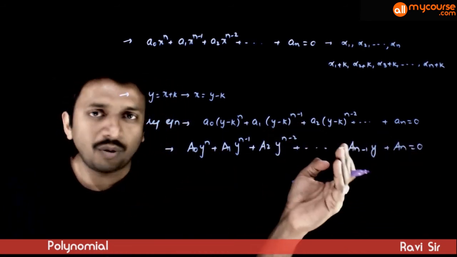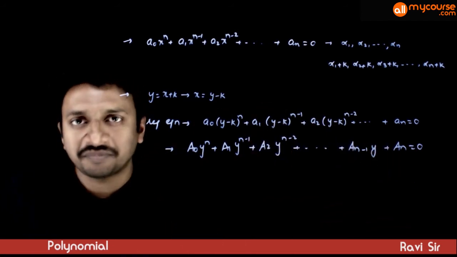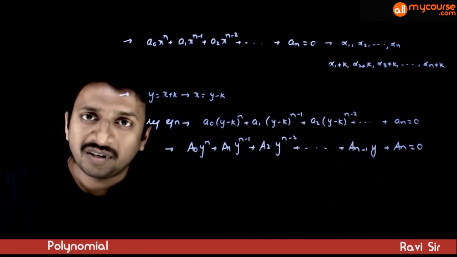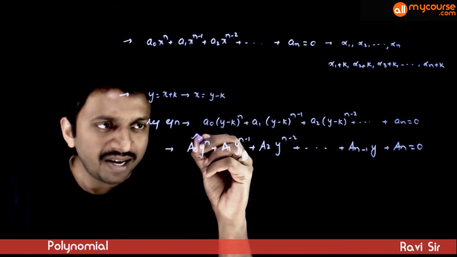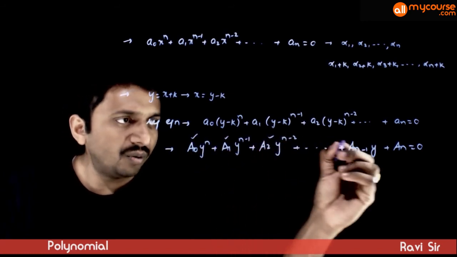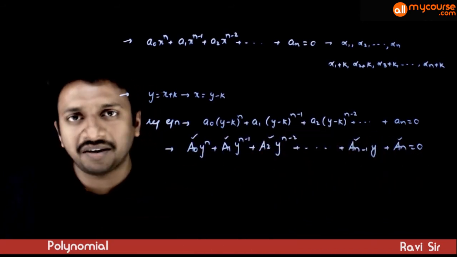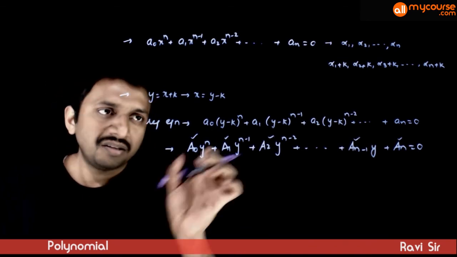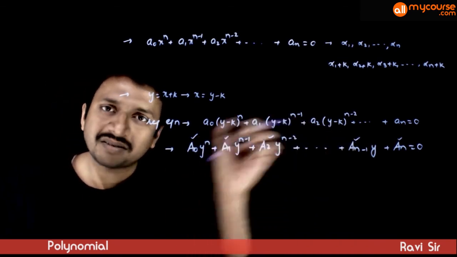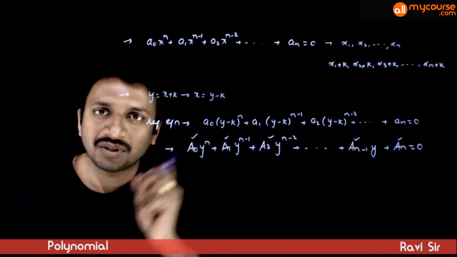Now your aim is to find A0, A1, A2, up to An minus 1 and An. So usually you will be asked to expand this to find A0, A1, and so on.